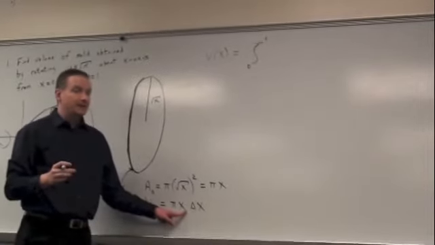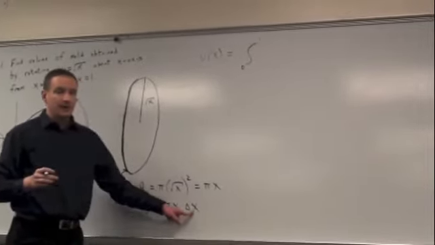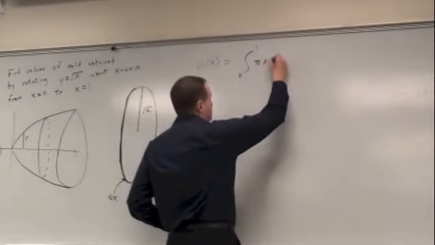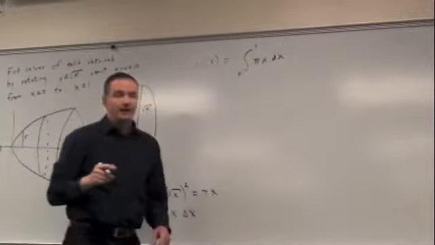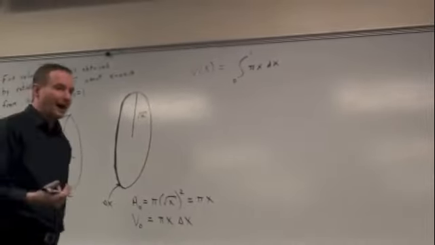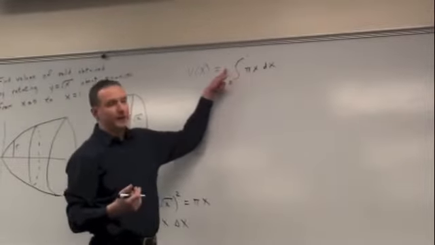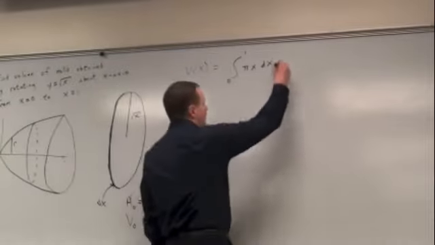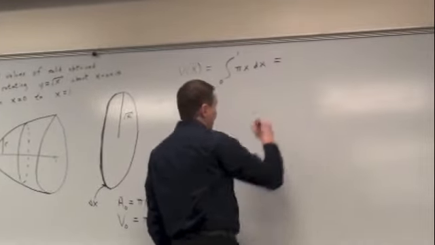As I make infinitely many of those, delta x becomes dx. Pi x dx. Oftentimes, you're always going to have a pi in these, so most people just go ahead and factor it out in front. Doesn't matter either way. I'll leave it in there since I already have it in there.